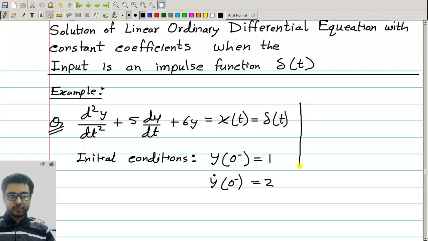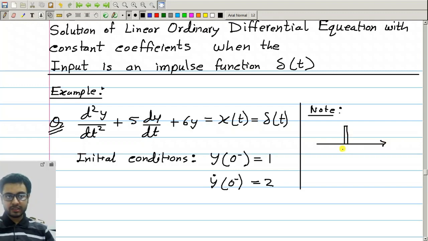Now please note that the impulse function delta t is a very narrow pulse occurring at t equal to 0. You can think that this starts at 0 minus and stops at 0 plus.